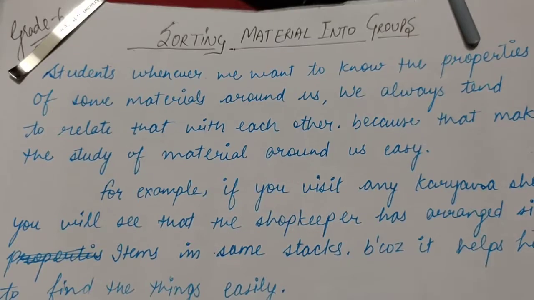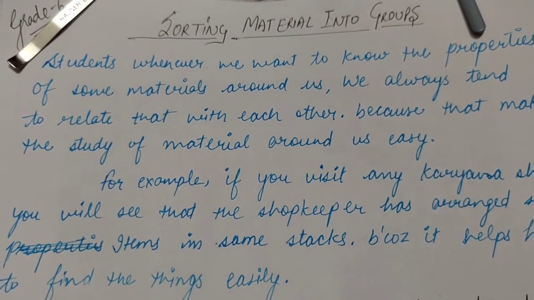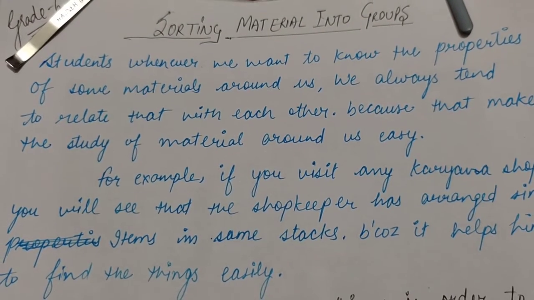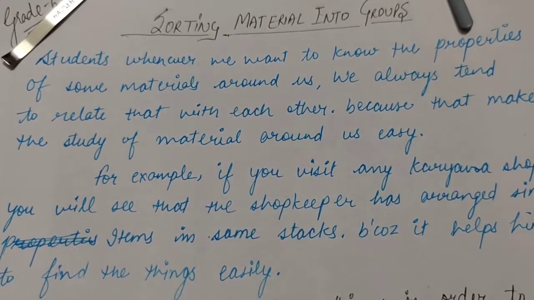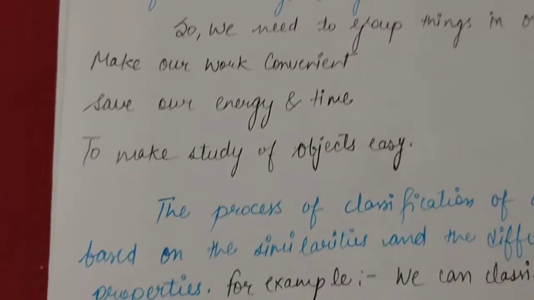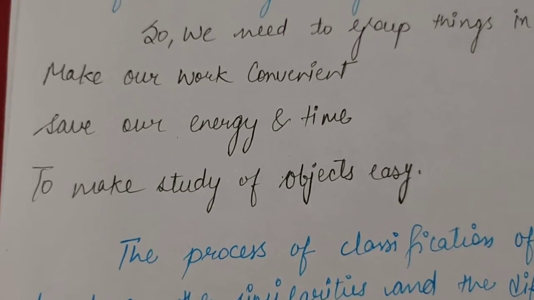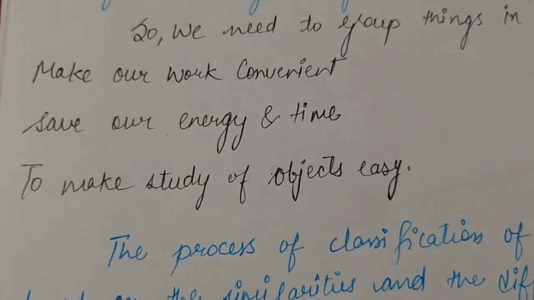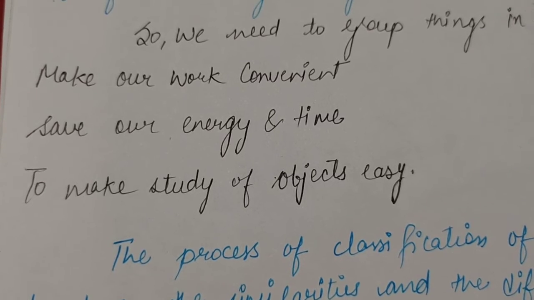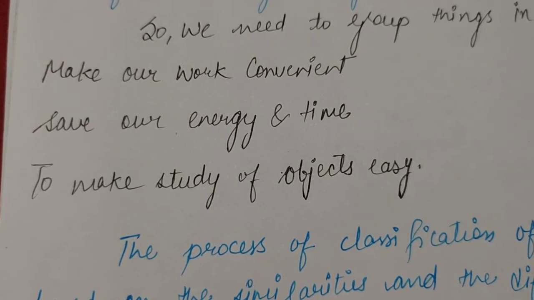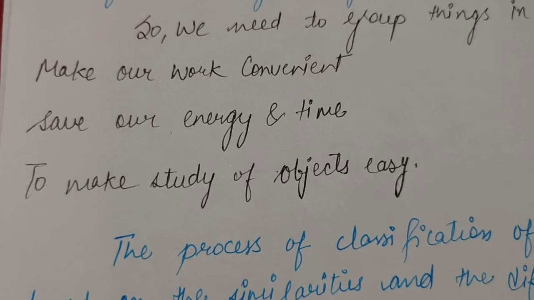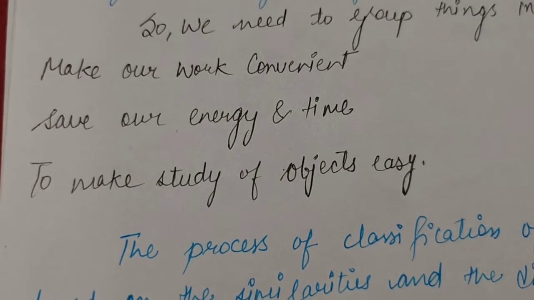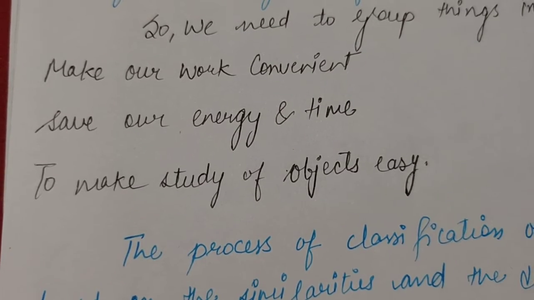Okay students, so that is what we are going to do in our chapter. The chapter is sorting materials into groups. So why do we need to sort materials into groups? We need to classify the elements into groups so as to make our work convenient, so that we can take out the things easily, or to save our energy and time, and to make the study of objects easy.